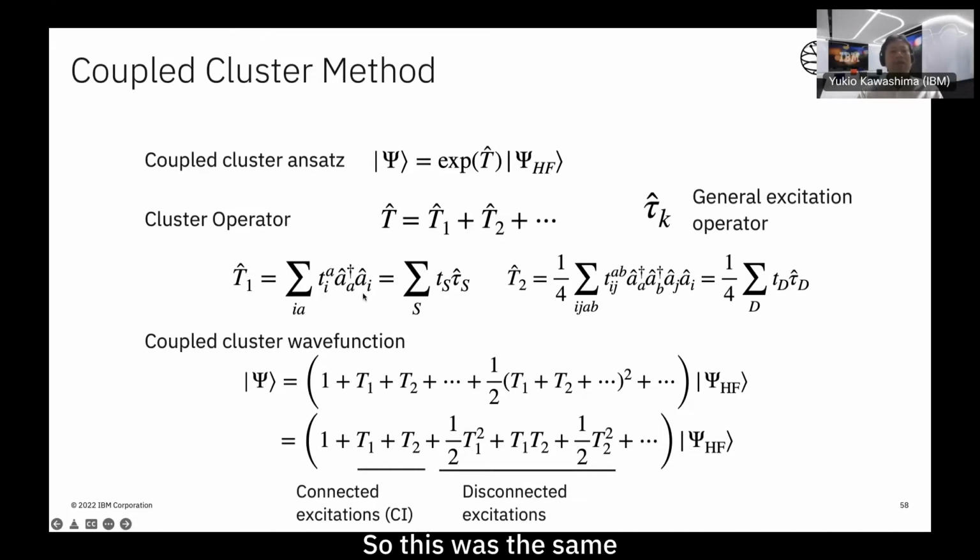This was the same as what we saw in CI. Well, we can make it more general with the parameter of single excitation and the general single excitation operator. And if we see T2 as well, again, t_ij^ab will be the coefficient, and we have two creation and two annihilation operators. So this part seems very close to CI.